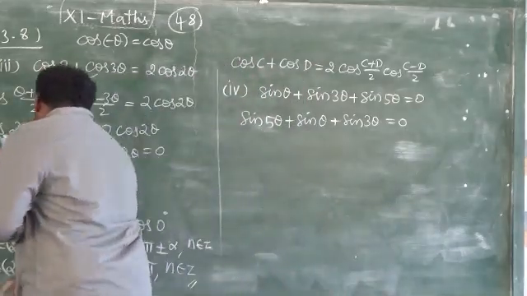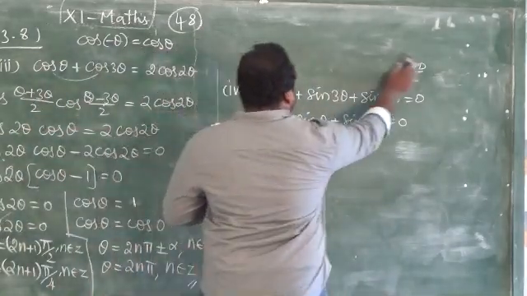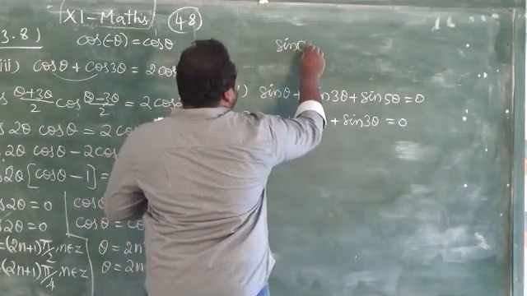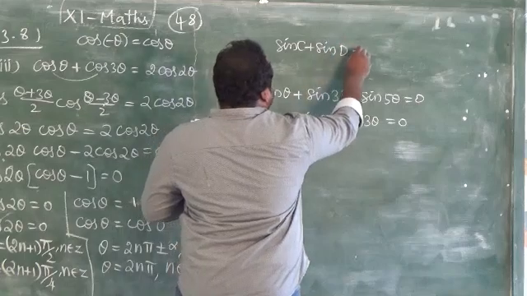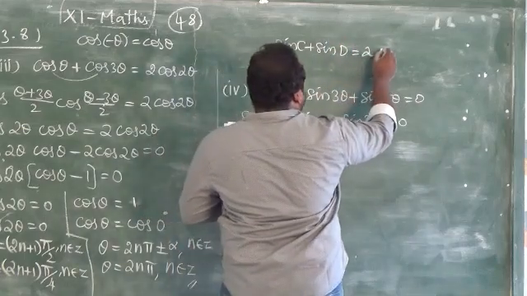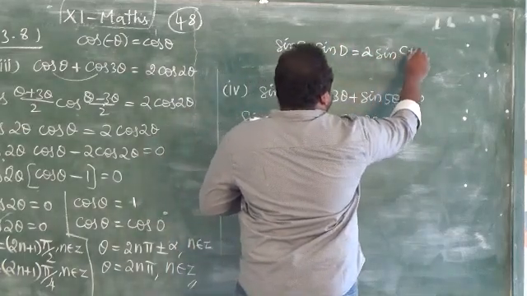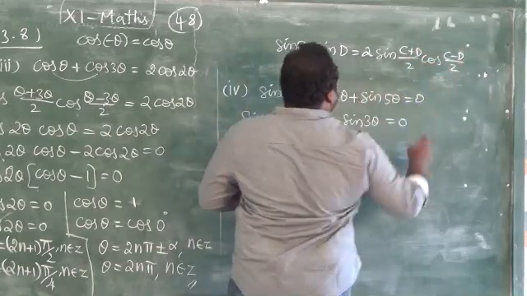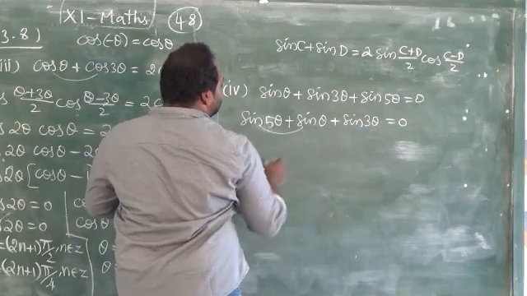See here, if I rearrange like this, I can have a formula for sin C plus sin D, which is 2 sin (C plus D) by 2 cos (C minus D) by 2. This formula we can use here in these 2 terms.